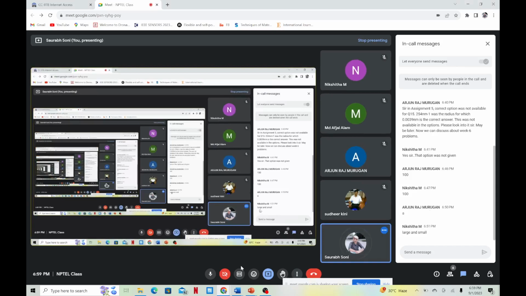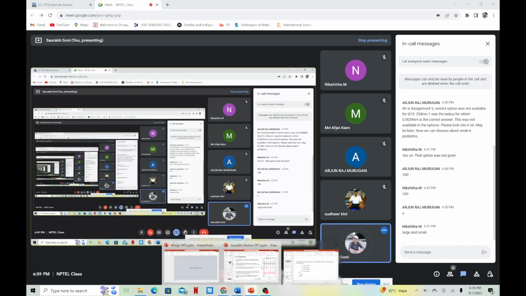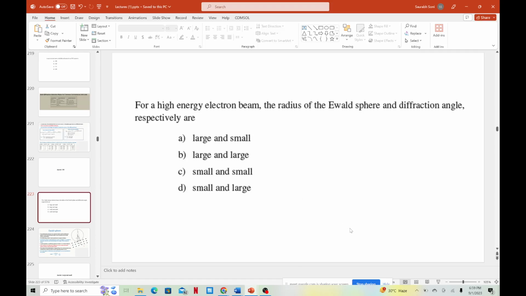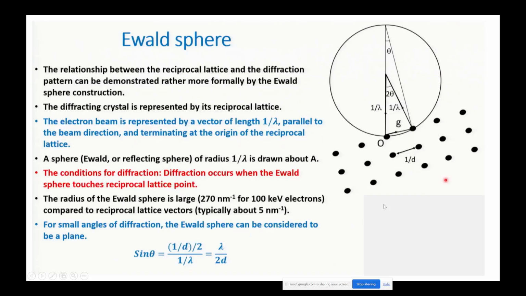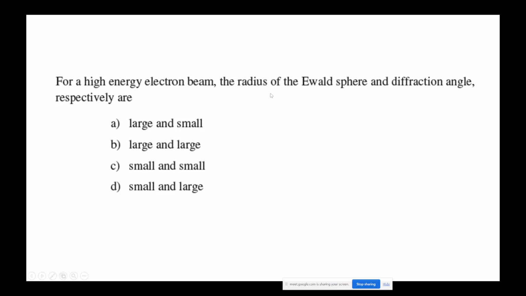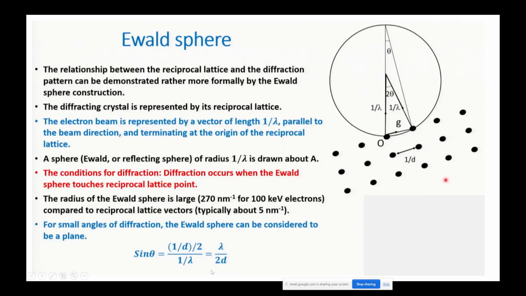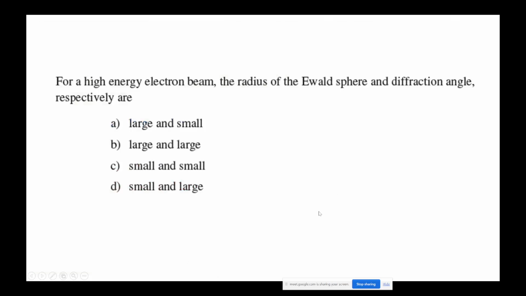A, large and small. So this is the radius of the Ewald sphere and the diffraction angle. The radius is this, and the diffraction angle is theta.